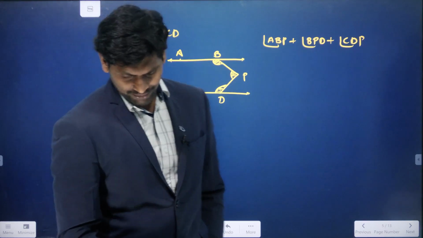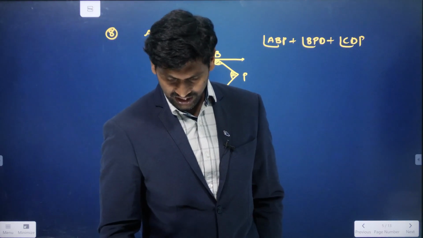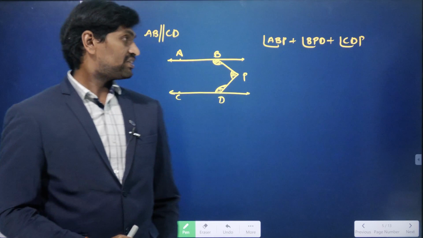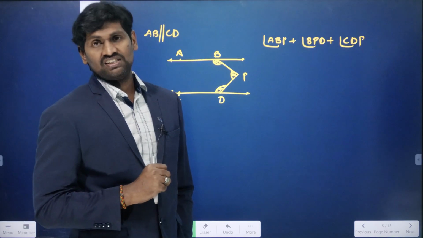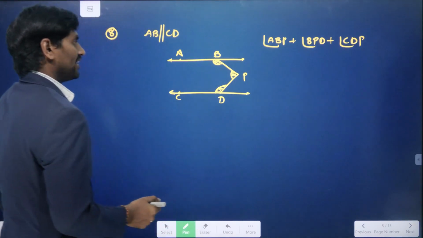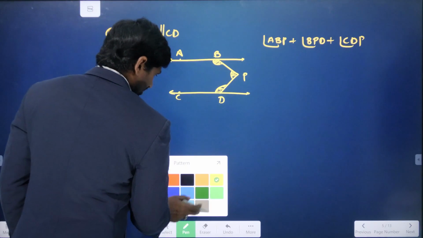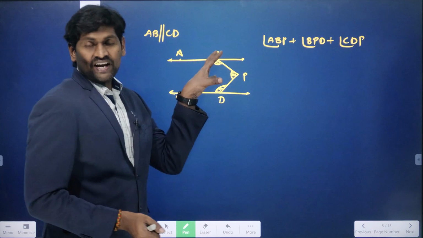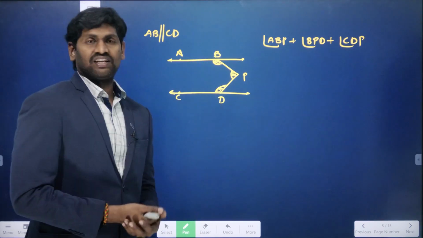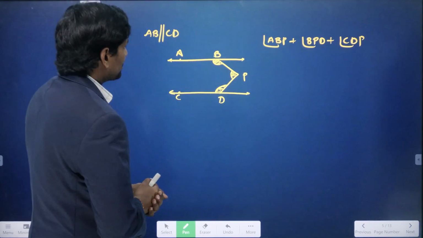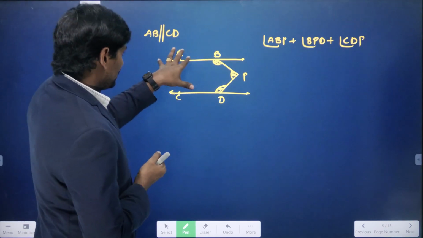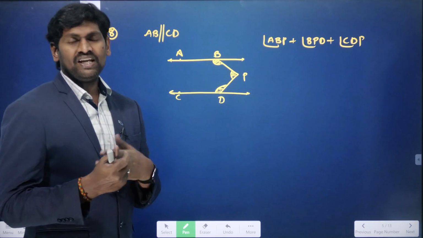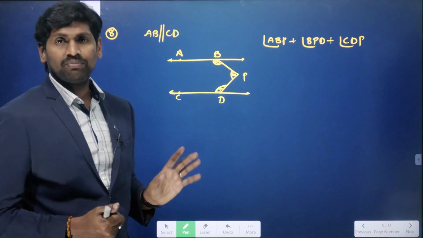But do we have any measurements in the diagram? There is no measurement in the diagram. Without the measurements, we need to identify the angles here. Okay, let us try to find it. To identify the sum of these three angles, I am trying to divide the given shape by constructing what we require.